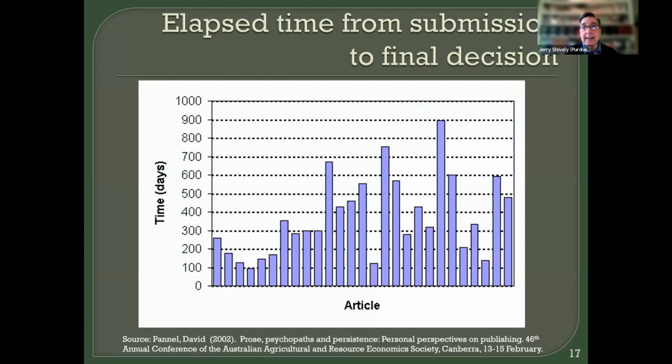And you can see that the time from submission to final decision ranged from 100 days at the shortest to 900 days at the longest. So just under 3 months in one case, and nearly 3 years in another case. So that's just one set of data.